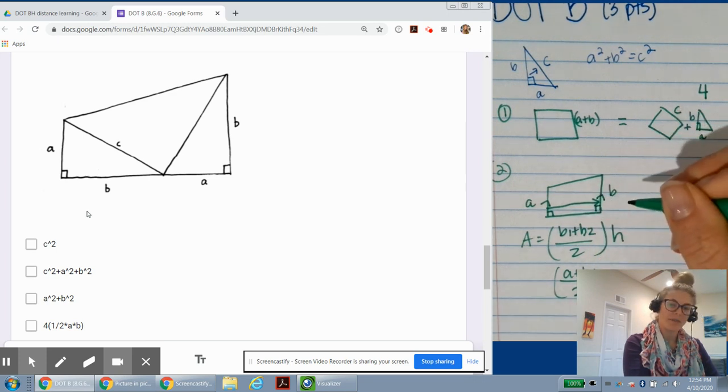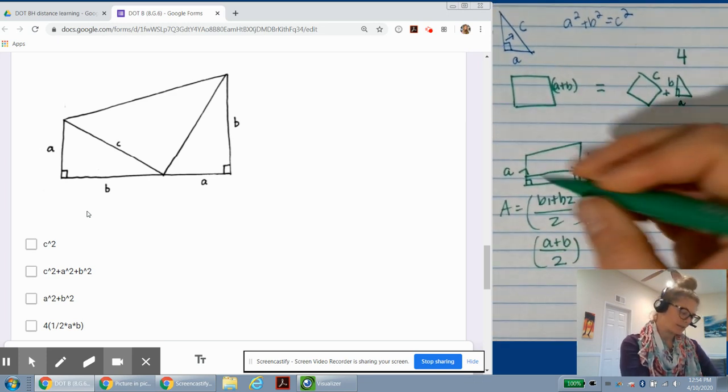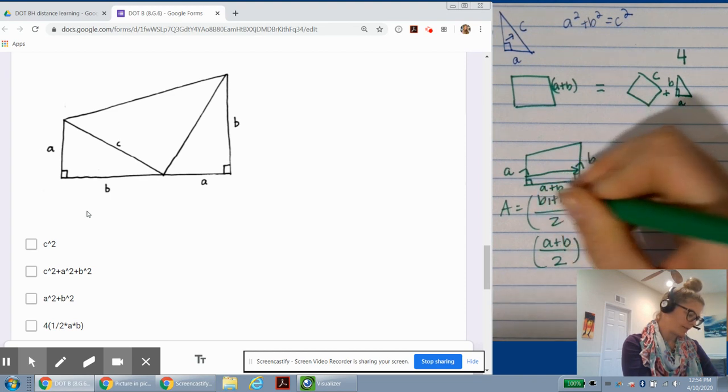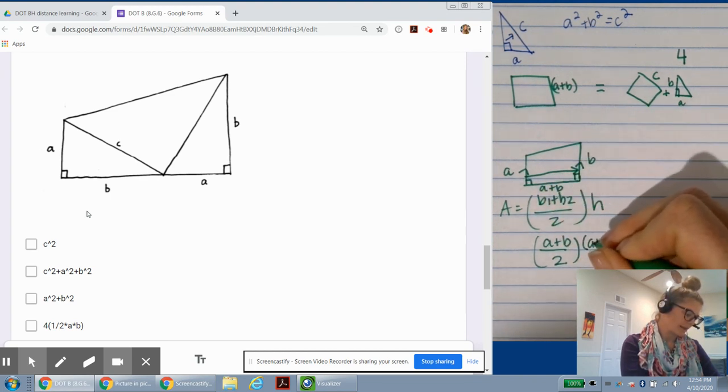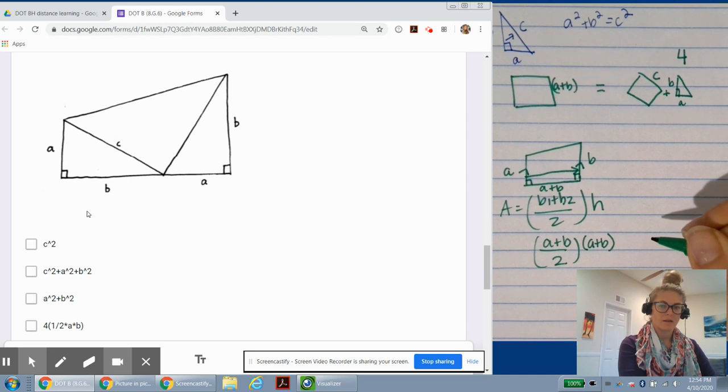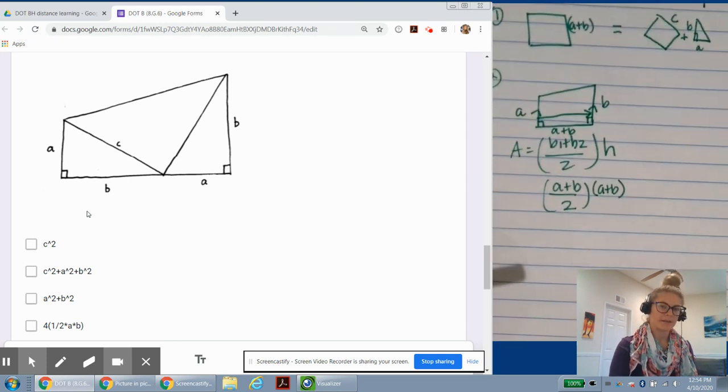And notice on that picture, that is going to be A plus B. So height is A plus B. So that's going to be the area of that trapezoid.